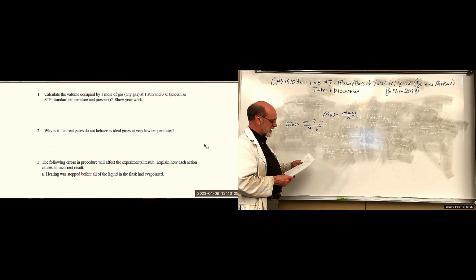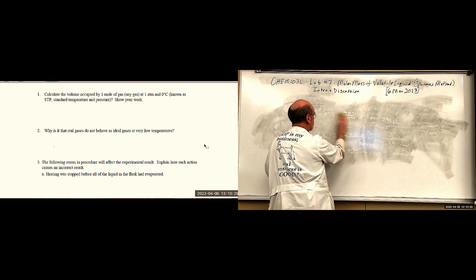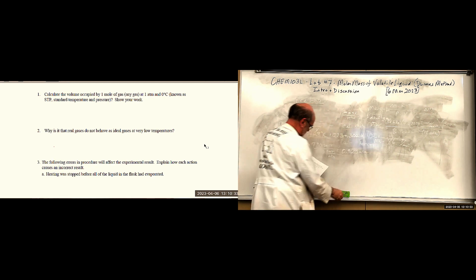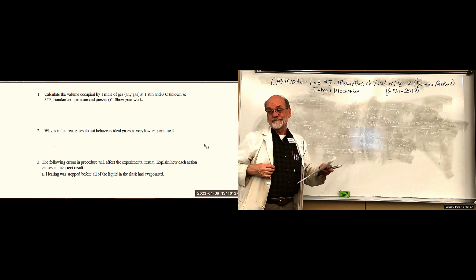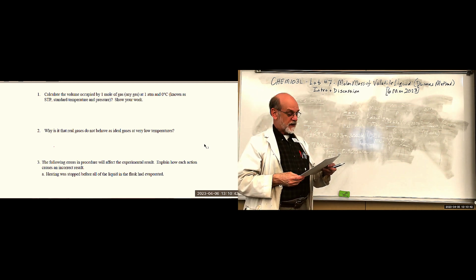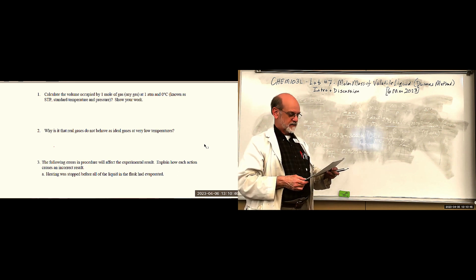Temperature of the boiling water is 99.5. Yours is probably going to be less than that, probably because we're at higher altitude. The volume of the flask. Oh, they're given the volume, 130.3.